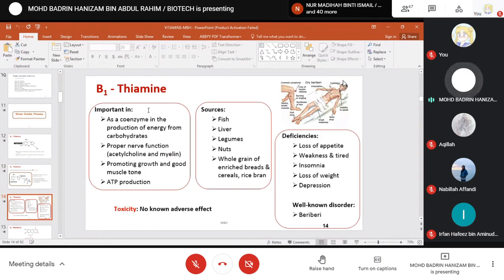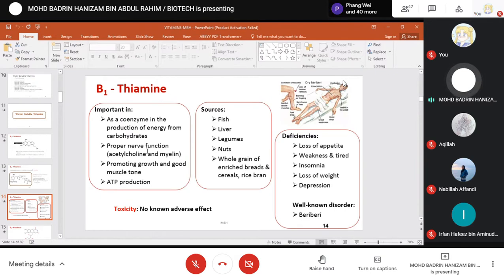All right. So this thiamine is important for energy from carbohydrates as well as proper nerve function in the form of acetylcholine and myelin. It is also involved in promoting growth and good muscle tone, ATP production.